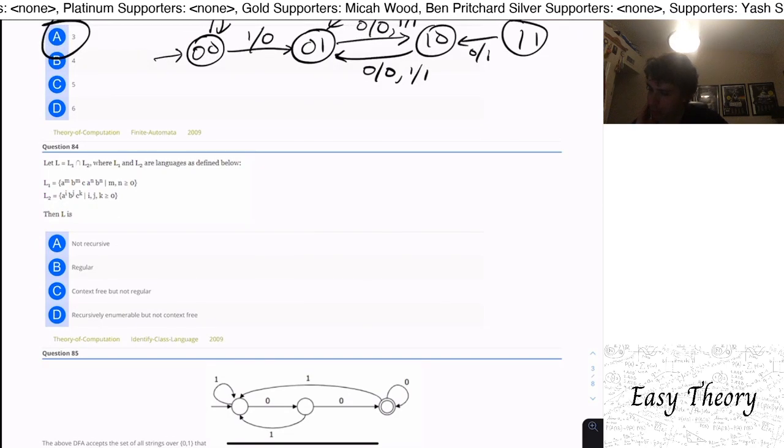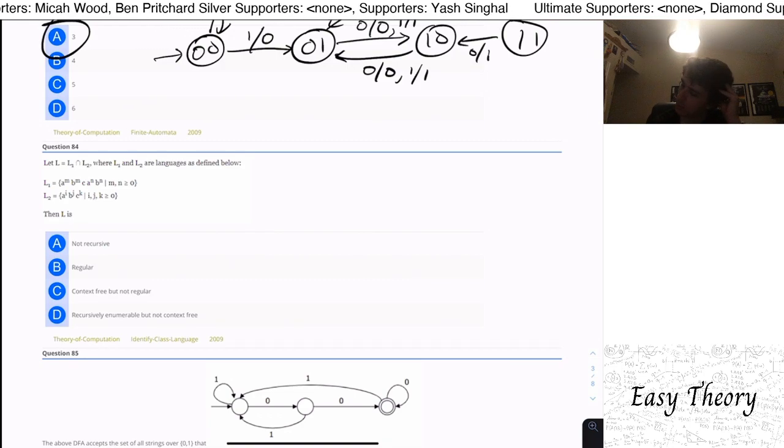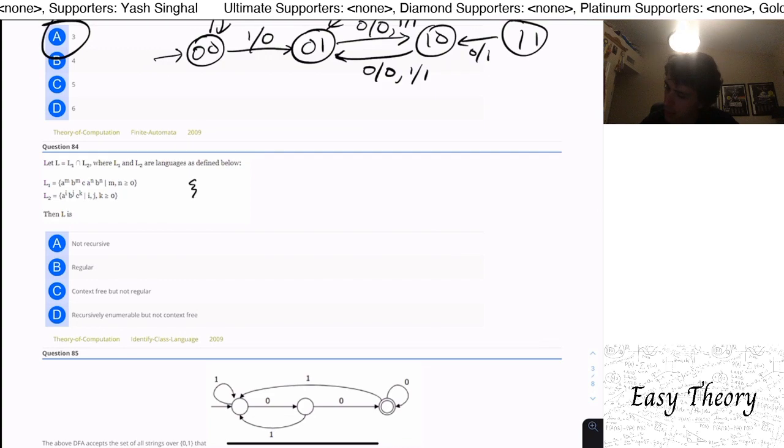Intersection of these two languages. Let's see. So the intersection will be... A to the N, B to the N is not going to ever be included.